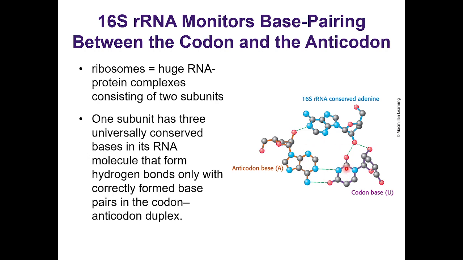And so we can actually sort of see this right here. Here we have the anticodon base. Here we have the codon base. And you can see here, if it matches up, what happens is this brings this oxygen here into close proximity. See that? And we can start matching up our hydrogen bonding between this group right here, which is the 16S.